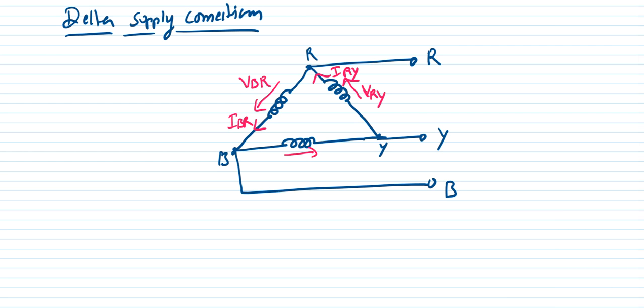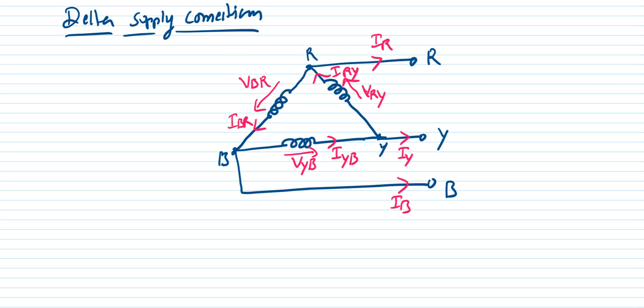Similarly, the voltage induced in this coil is VYB, and the current is IYB. This is the line current IR, this is the line current IY, and this is the line current in the B line, IB.